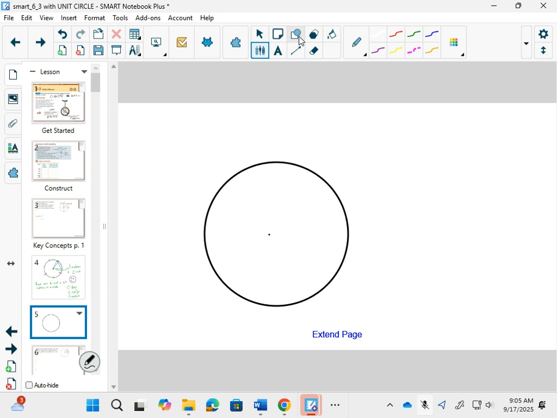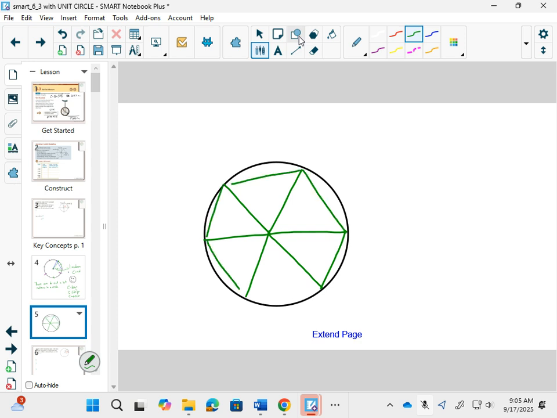And so what he did is he said, well, I am going to divide this nicely into 6 equal sections. That makes these 6 equilateral triangles.